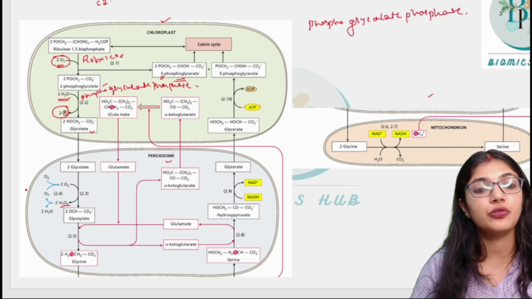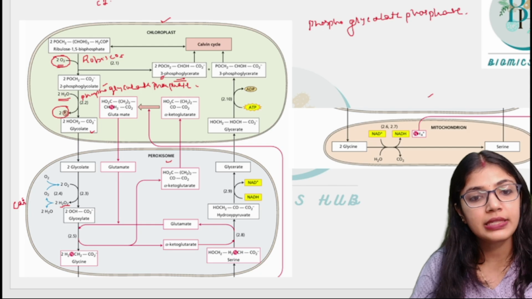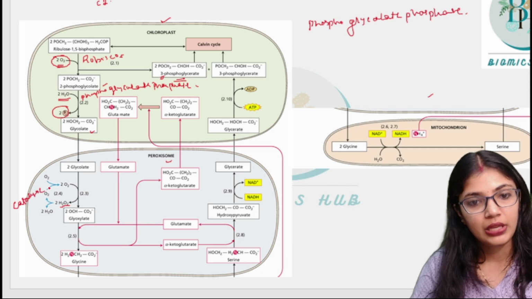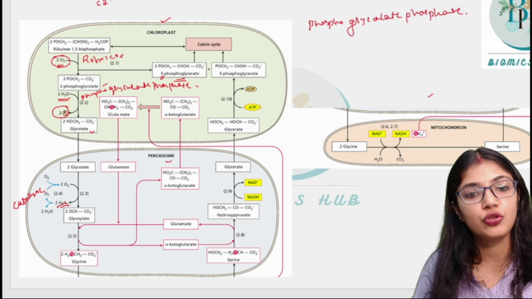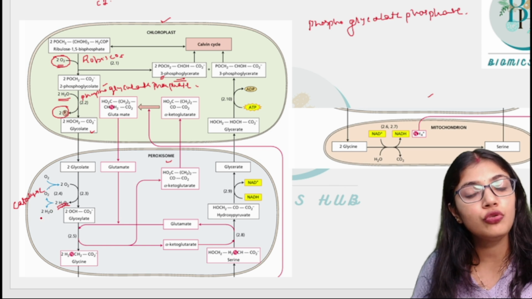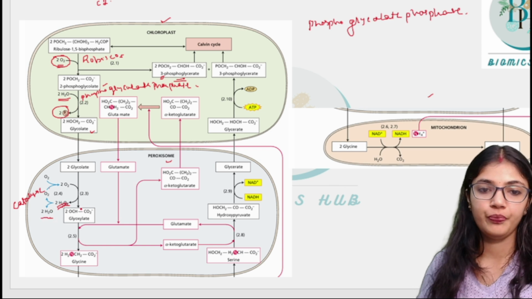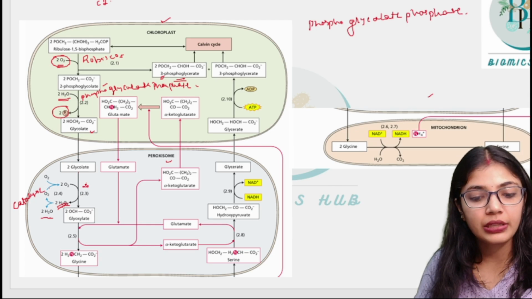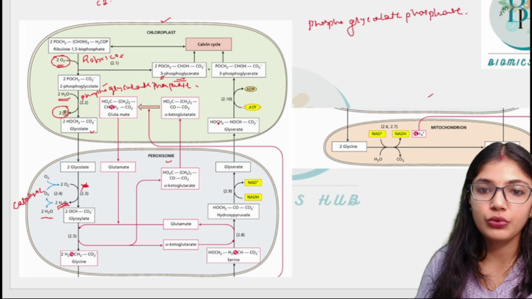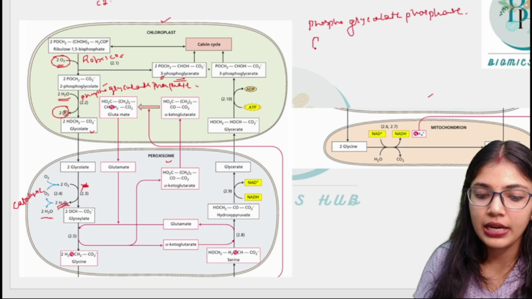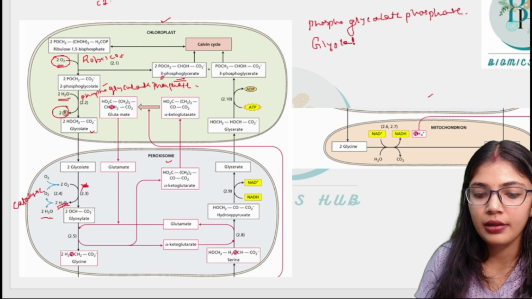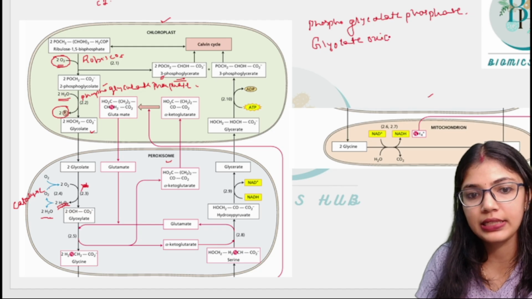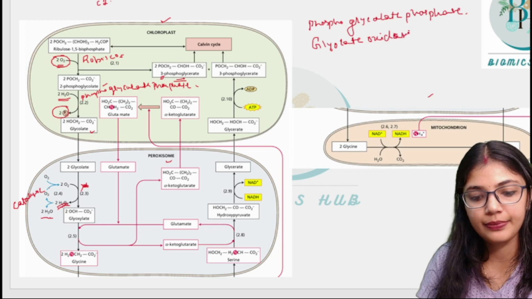In the peroxisome there is an enzyme known as catalase. It breaks this 2H2O2 into 2 molecules of H2O. During this process there is involvement of another enzyme, which I am writing here, known as glycolate oxidase.